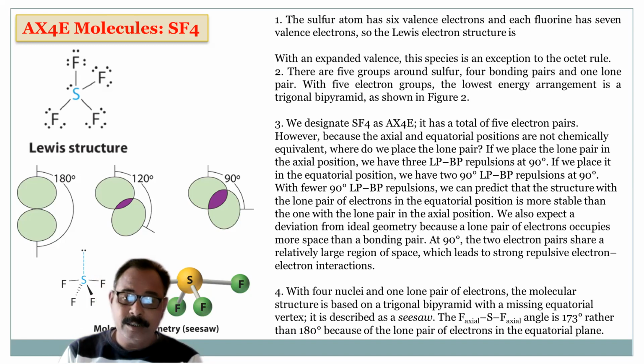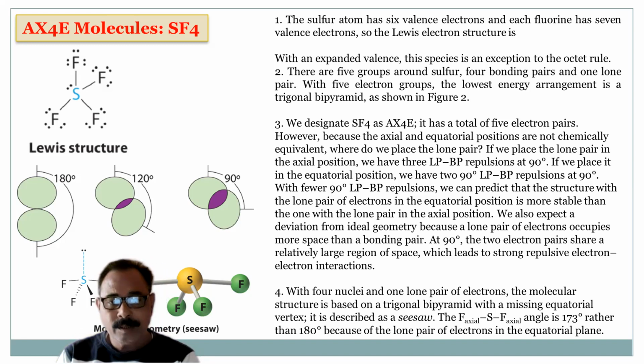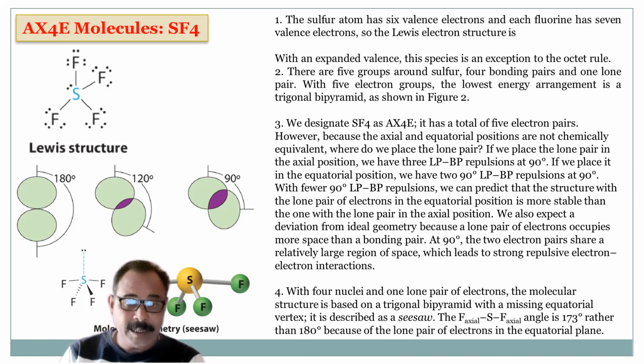This species is an exception to the octet rule. There are 5 groups around sulfur, 4 bonding pairs and 1 lone pair. With the 5 electron groups, the lowest energy arrangement is a trigonal bipyramid, as shown in figure 2.